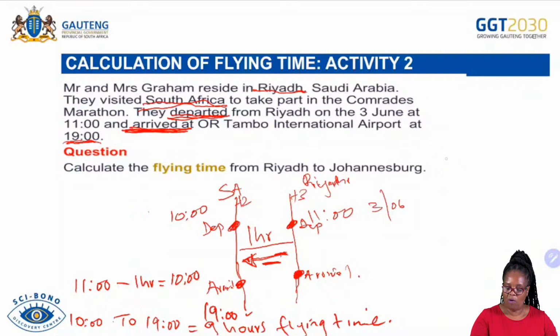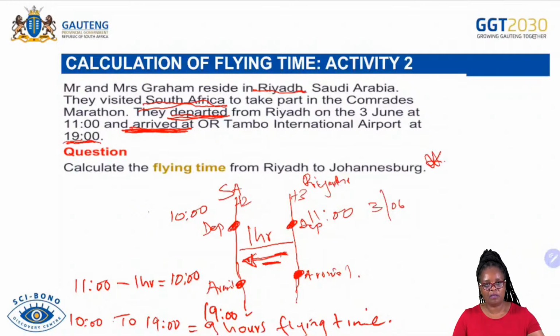We have answered our question here. The flying time from Riyadh to Johannesburg is 9 hours. I hope this is clear. Keep on practicing. Use your previous question papers. You'll end up mastering this.